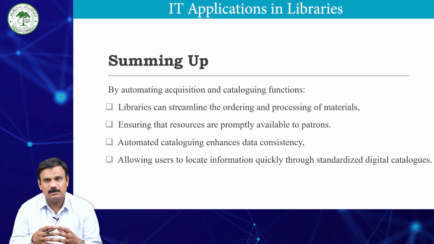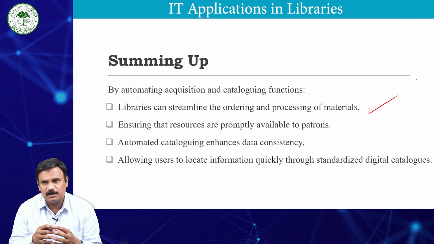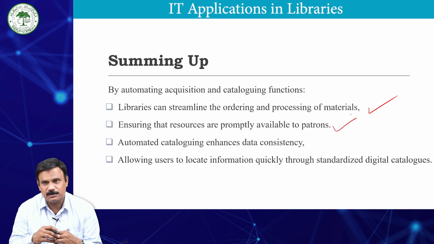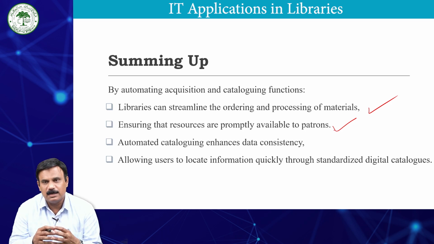By automating these functions, libraries can streamline the ordering and processing of materials, ensuring that resources are promptly available to patrons. And this automated cataloging system enhances data consistency, allowing users to locate information quickly through standardized digital catalogs.